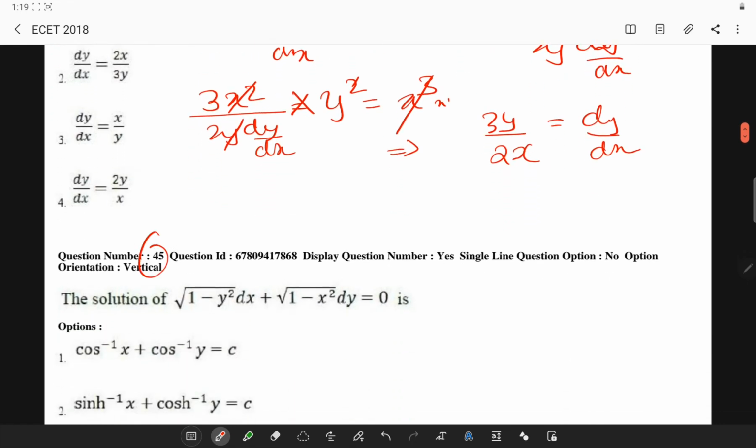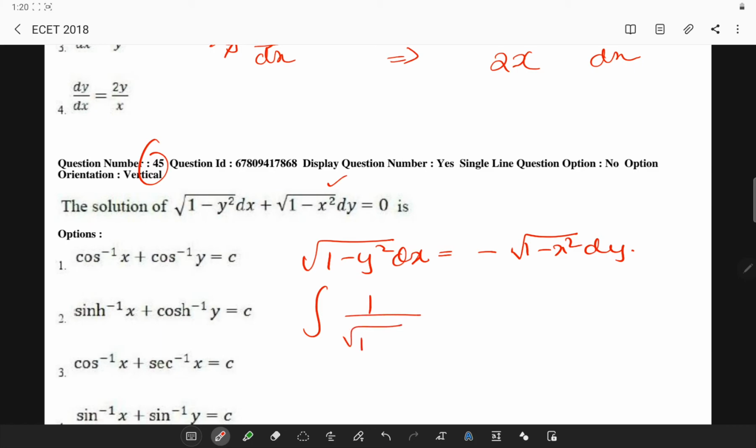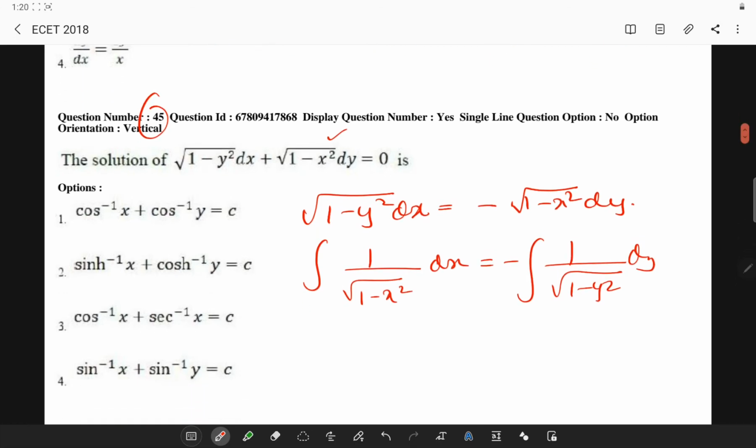Now, this question is also used for differential equations. So I'll just move this to the other side. So minus 1 by x square into dy. If I rearrange the terms, it will be 1 by root over (1 minus x square) dx is equal to minus the integral of 1 by root over (1 minus y square) dy.